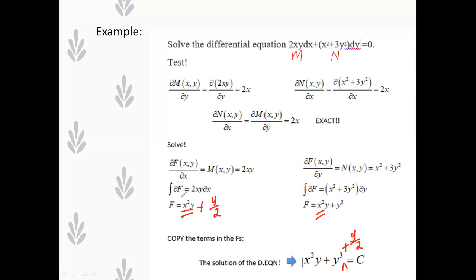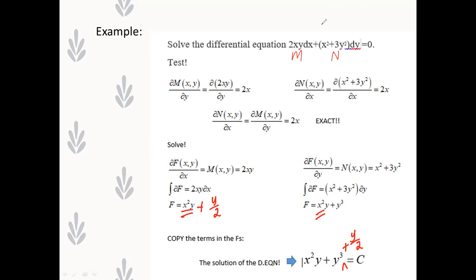You don't add them. You just simply pick it out and even pick out the uncommons and reflect all such terms in your solution. So if this f contains y over 2 as the second term, your y over 2 here should also be appearing in the solution of your exact differential equation. Do you get it, class?